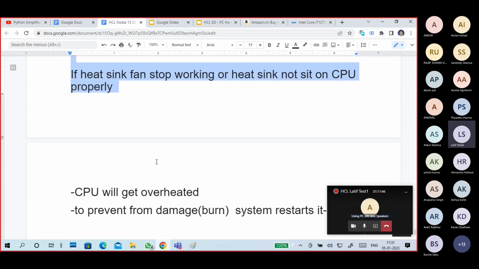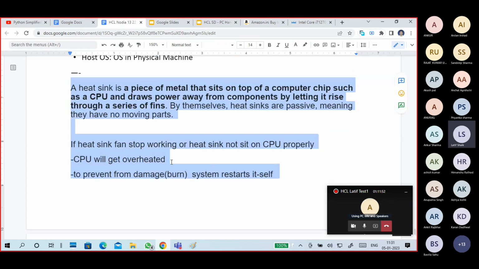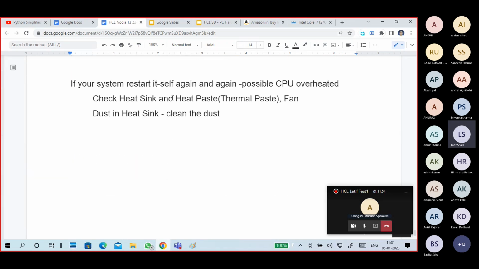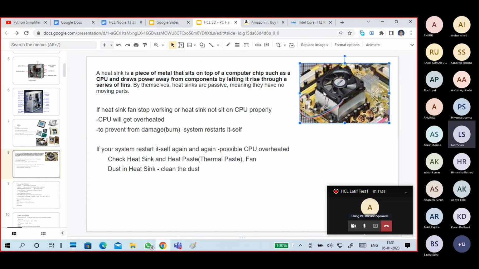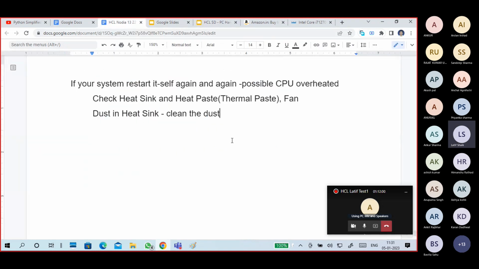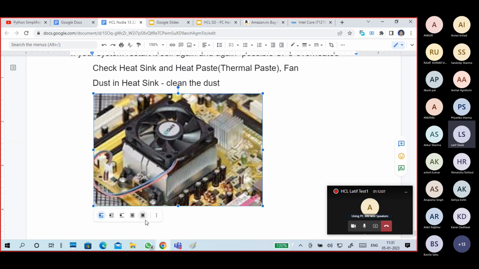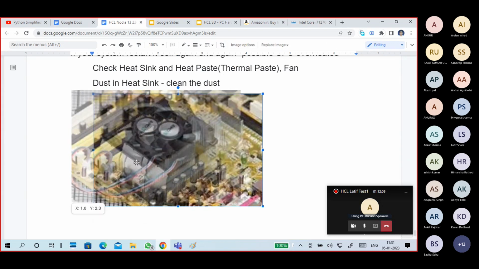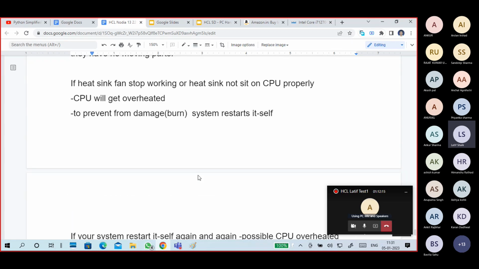This is about a heat sink on the processor. What is a heat sink? Your processor is getting heated while it is running.